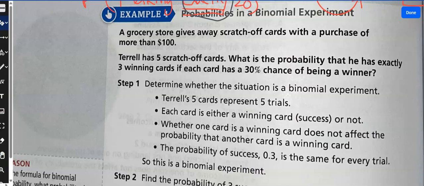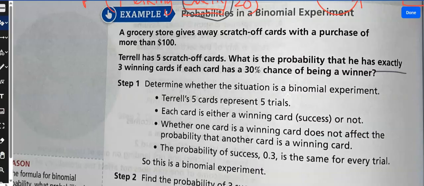What is the probability that he has exactly 3 winning cards? Now that's exactly. Eventually, we'll get to this idea of 3 or more cards, which we'll see if they do that. And if not, I might throw that in there just for kicks and giggles. He has exactly 3 winning cards if each card has a 30% chance of being a winner.